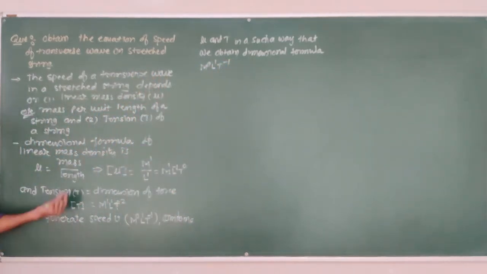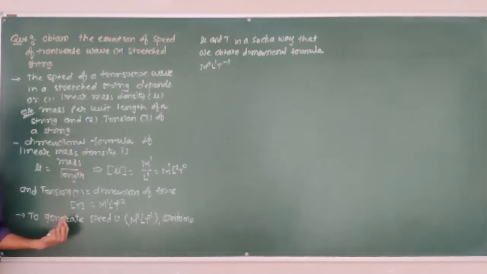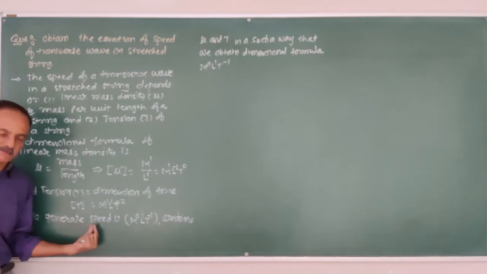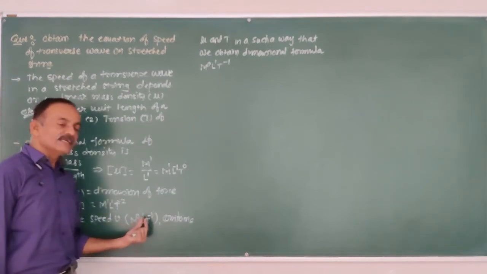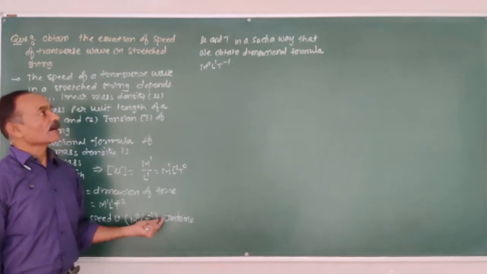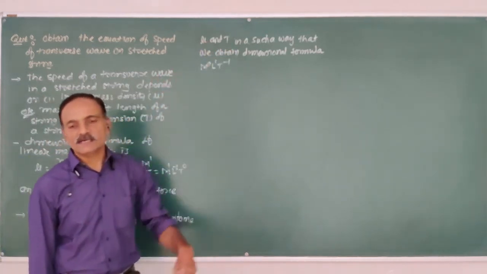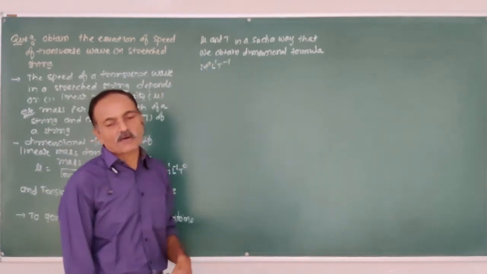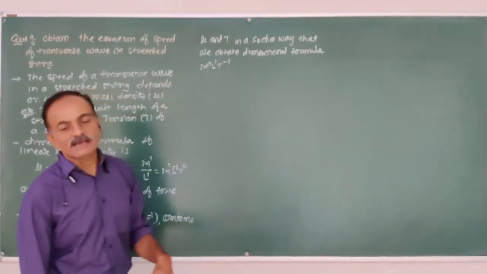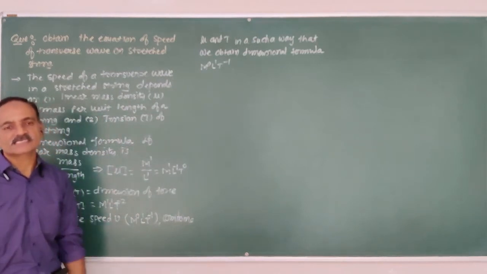Our aim is to obtain the speed of a transverse wave in a string. Therefore, to generate the speed v, whose dimensional formula is M^0 L^1 T^-1, combine the two factors mu and T in such a way that the dimensional formula obtained is M^0 L^1 T^-1.